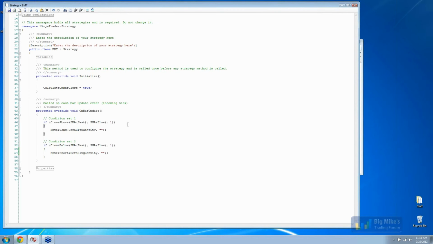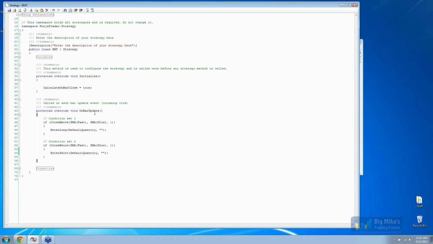Maybe you find yourself in a strategy where it just takes way too many trades, maybe 50, 100, 200 times a day, and you want to limit that down to 10 trades or something like that. Instead of tweaking your strategy logic, you want to introduce a hard set number of trades that your strategy can take.